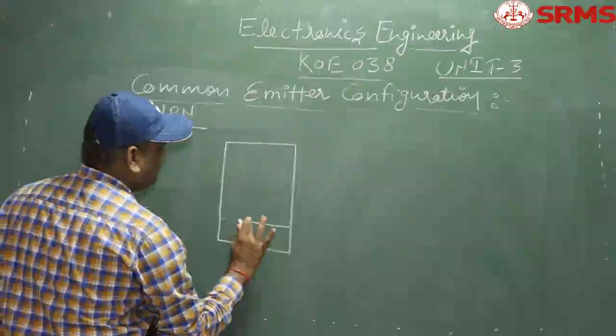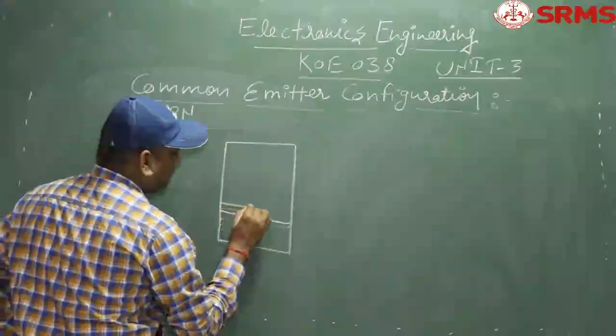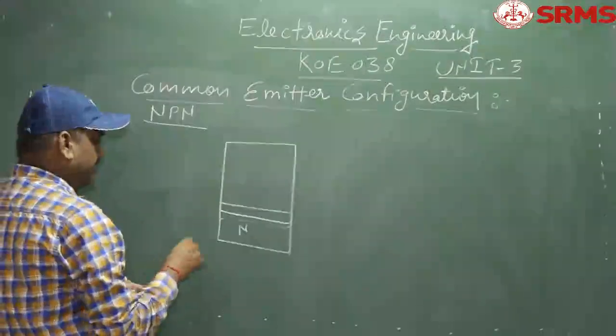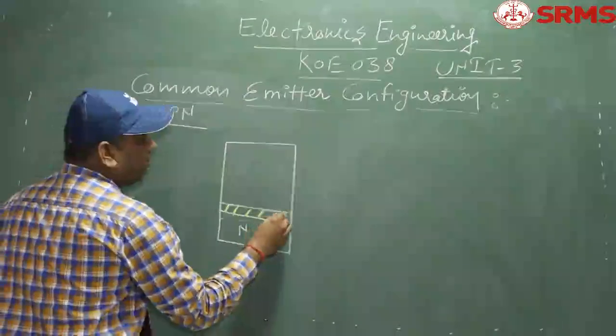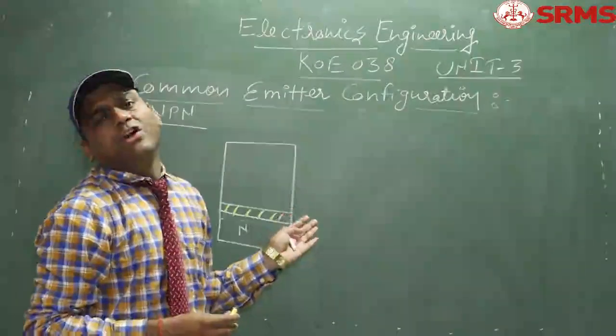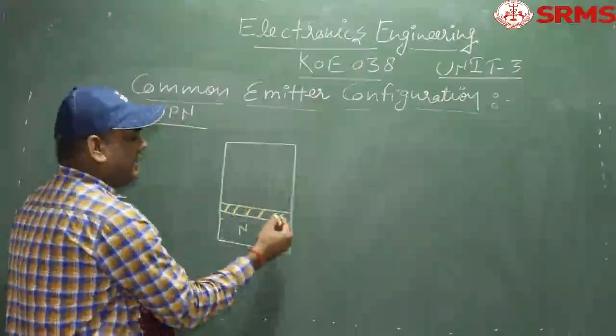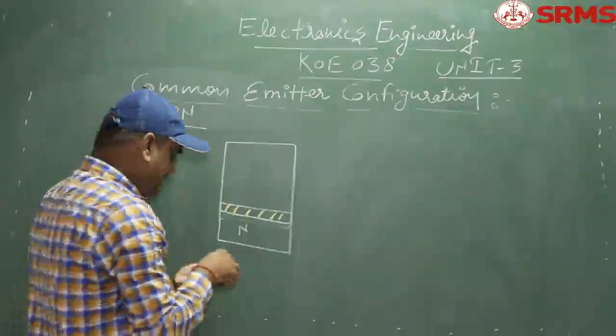This is N. This is the depletion region. I am not going to show the positive and negative immobile ions over here. Only for the sake of simplicity, I am just drawing these lines, and this represents the depletion region.